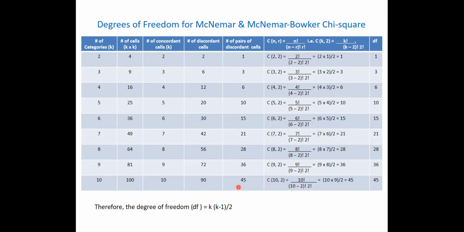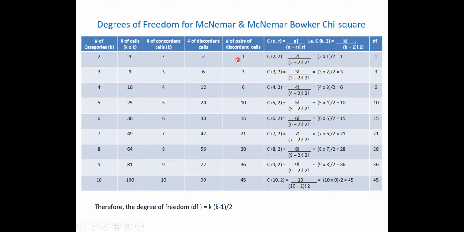You have 3 groups, A, B, C. You can pair them either A and B, A and C, and B and C. That is the number of the discordant pairs. Can you see? If you remember, for McNemar, the number of discordant pairs is just 1. Can you see?